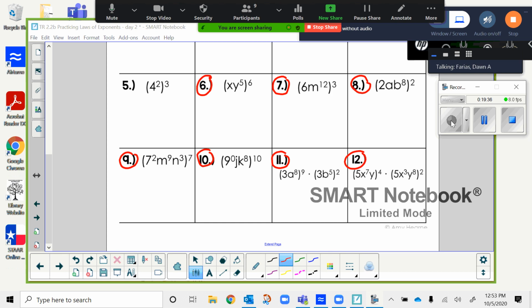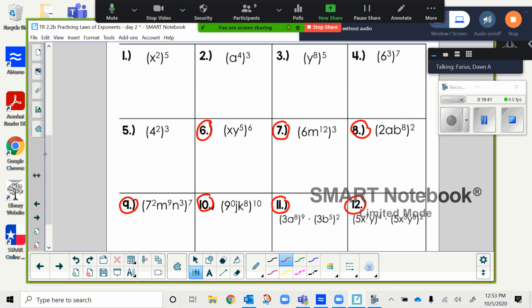Okay, so if you wanted the answers to the first ones, that's super fast and easy, right? You're just multiplying. So it's x to the 10, a to the 12, y to the 40, 6 to the 21, I was just making stuff up. 4 to the 6 on number 5, and anytime you have a number base where you can actually do the mathematics on it, I would like for you to do it.